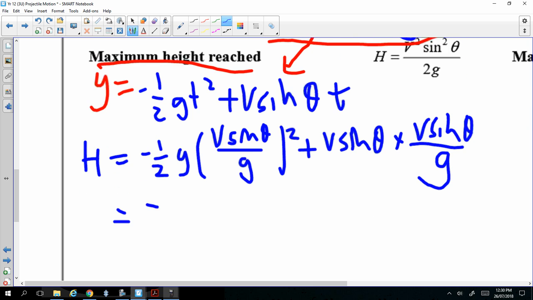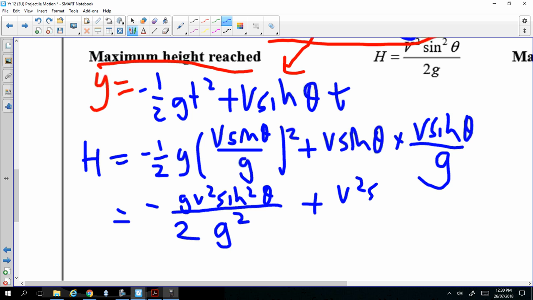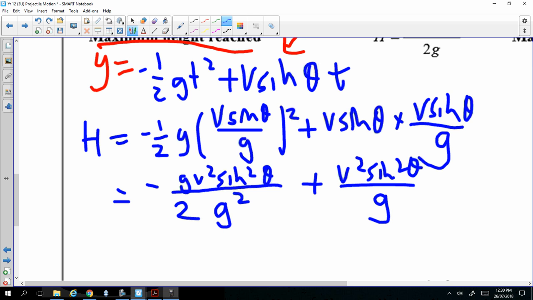The g squared will cancel, and you find they are like terms. If you multiply top and bottom by 2, you will have the same denominator 2g: negative v squared sine squared theta plus 2v squared sine squared theta.